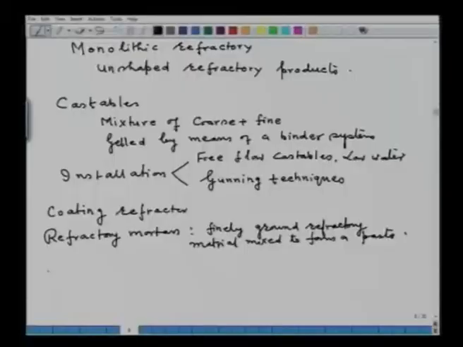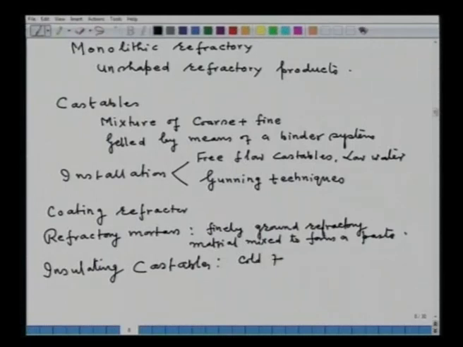Then another, we have insulating castables. These insulating castables are used for cold face application, and they are manufactured from lightweight aggregates like vermiculite, bubble alumina and clay.